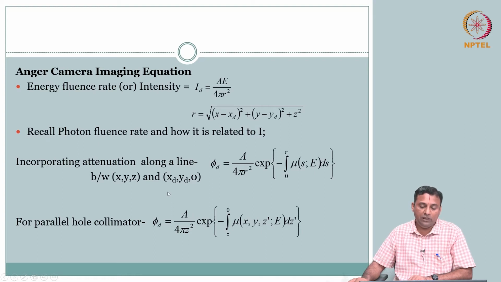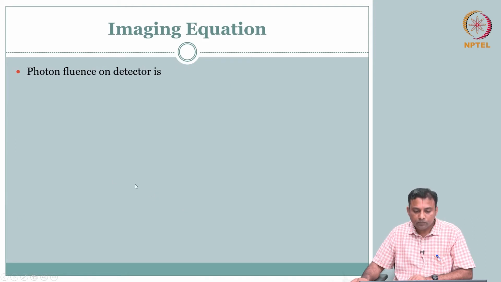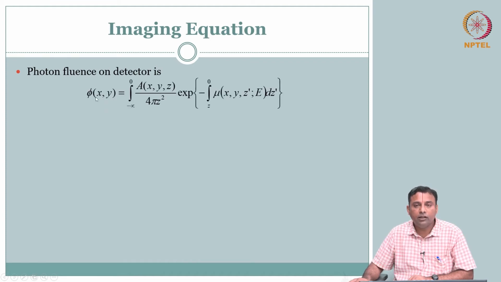So we will first upgrade the equation and then see how we can simplify. So the photon fluence on the detector is phi of x, y. We have made it a little more general: A is a function of x, y, z.